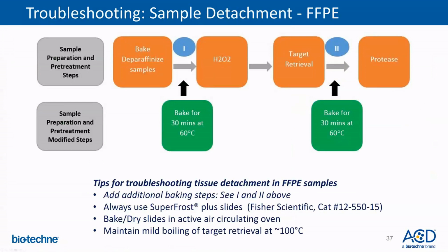If you see tissue detachment with FFPE samples, we recommend that you do an additional baking step for 30 minutes at 60 degrees Celsius after the deparaffinization. If required, you can do an additional baking step again for 30 minutes at 60 degrees Celsius after you perform target retrieval.